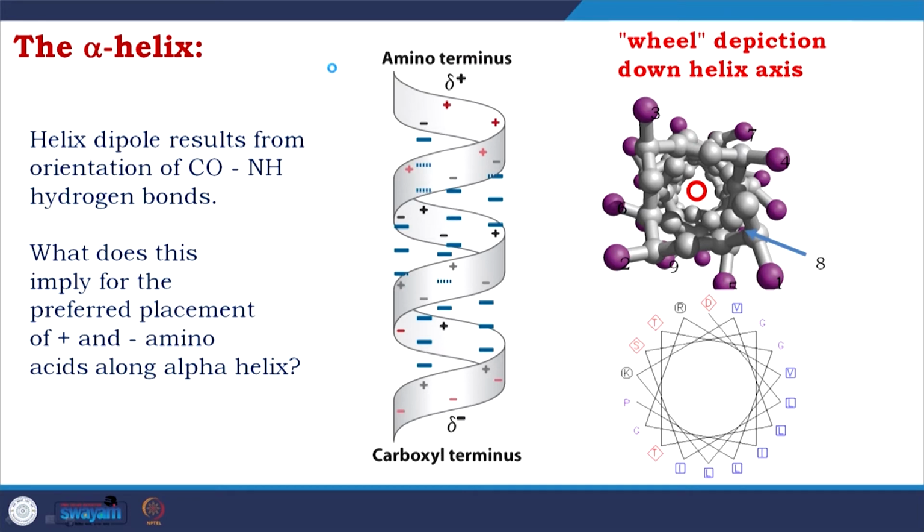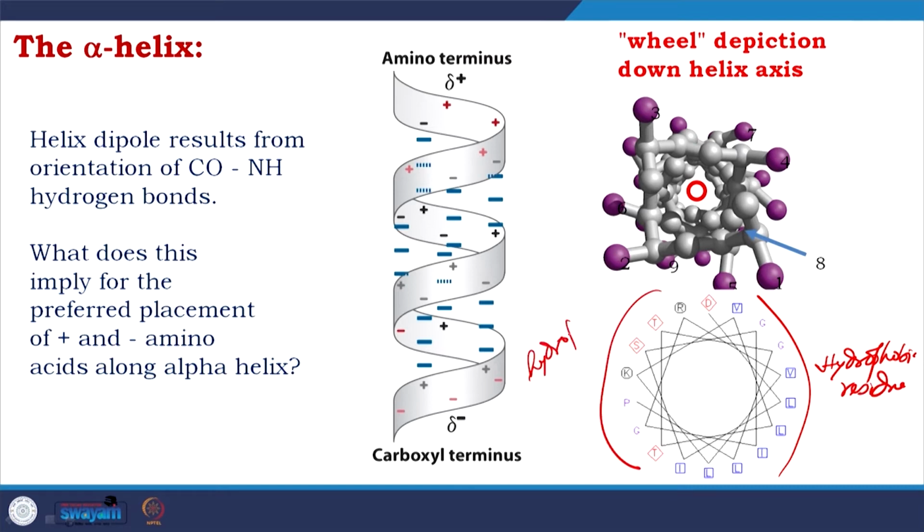So, you come to the wheel and you see that, as I told, it looks like a sphere, and that has implications. If you put them together like I have put it here, you see that the hydrophobic residues come in one direction of the wheel and the other residues, including the hydrophilic, come on the other side.